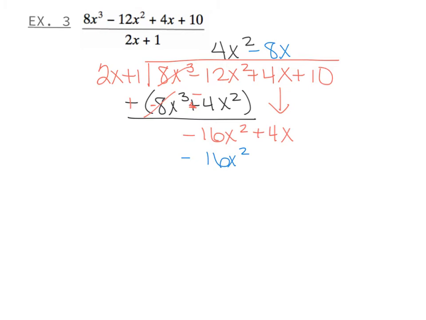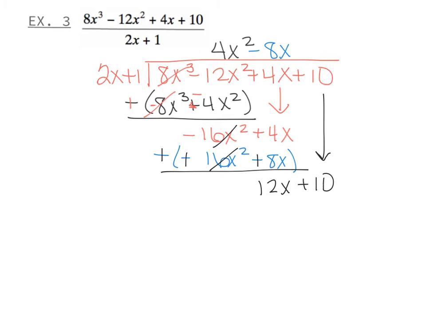Negative 8x times positive 1 is negative 8x, parentheses with a minus. I'm going to distribute that negative, so this is a plus, plus, and a plus. So negative 16x squared plus 16x squared cancels, and I have 4x plus 8x gives me 12x, and I bring that down, so I need to have plus 10.